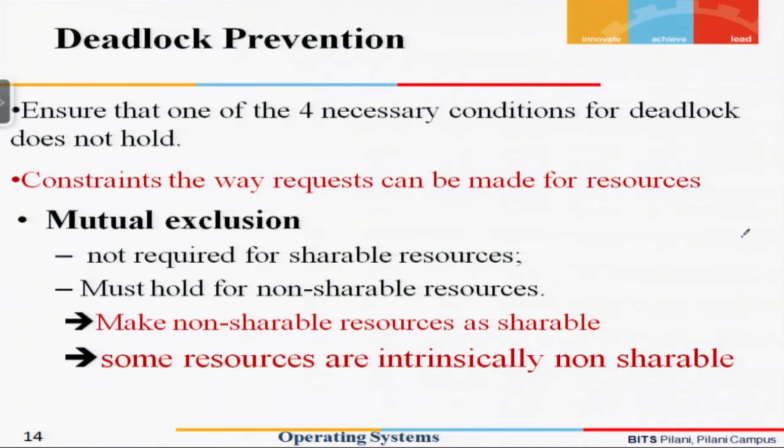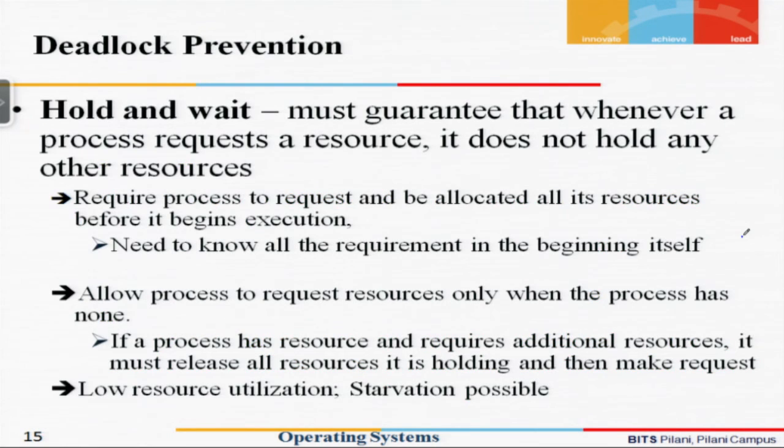Let us now look at whether we can avoid hold and wait as a deadlock strategy. Essentially what we are trying to do here is guarantee that whenever a process makes a request for a resource, it is not holding any other resource.